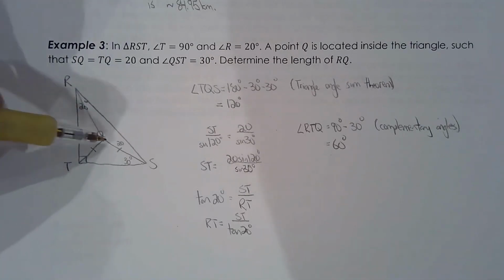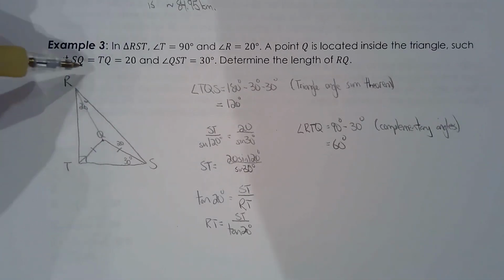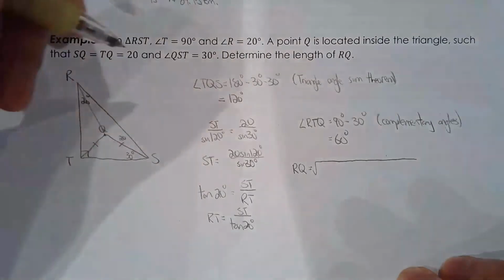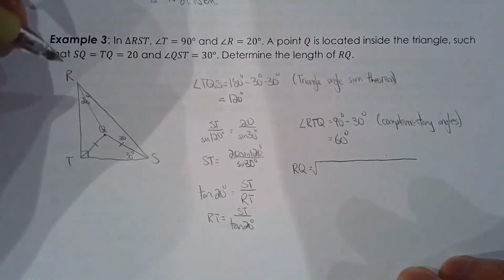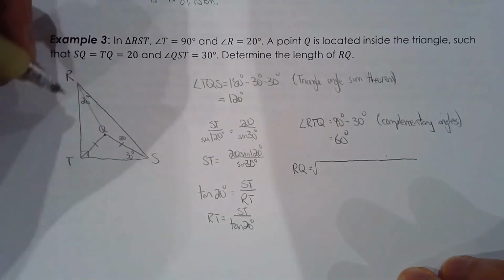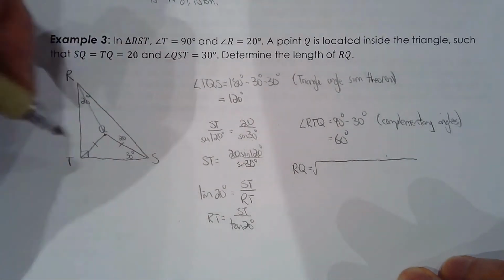Now I know angle RTQ is 60. I have TQ, which was given to me in the question. I have RT. So now I use the cosine law. QT squared, so let's say 20 squared plus RT squared minus 2 times 20 times RT times cosine of 60 degrees.